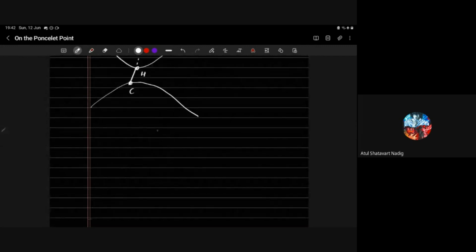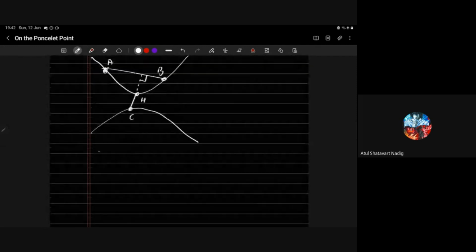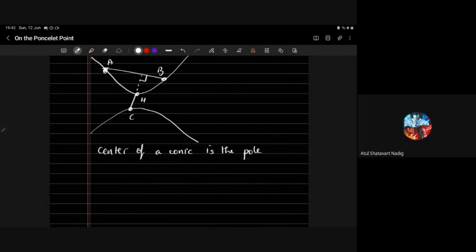Now, let's look at one more thing. The center of a conic is the pole of the line at infinity. Again, this is a standard result.